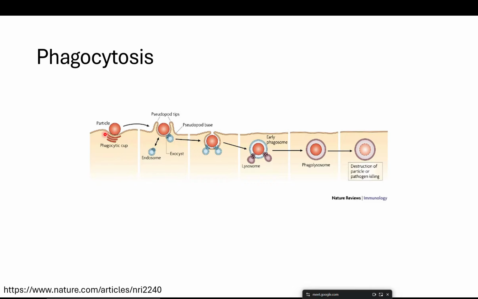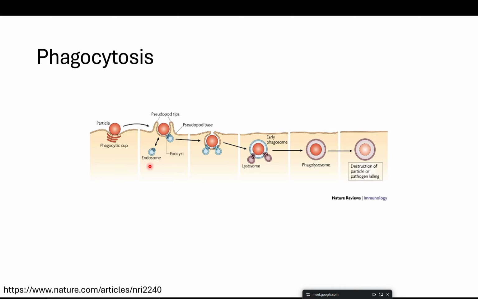Once the phagocytic cup has formed, the cell produces pseudopod tips, and the cell is essentially engulfing the particle.